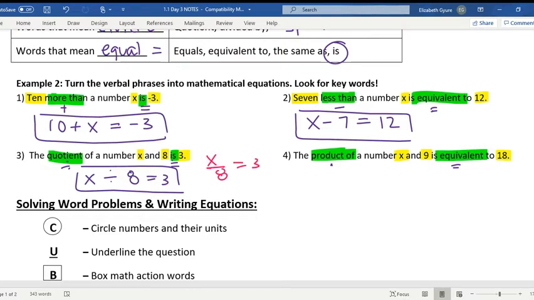So if I want to write the product of X and 9, Corey, how do you think I could write that? Yeah. X times 9, and then what'd you put after that?